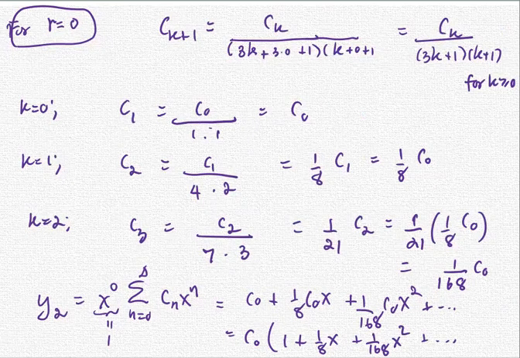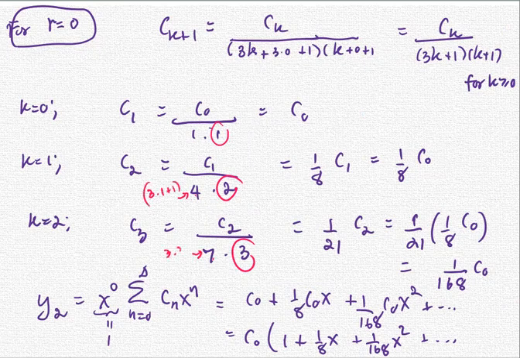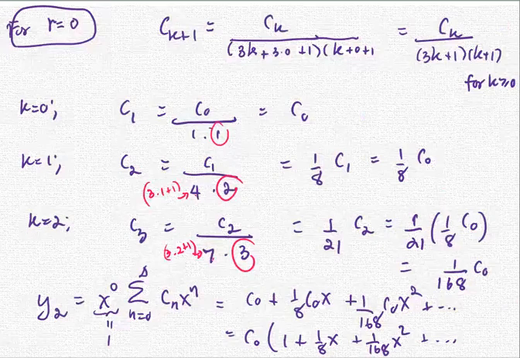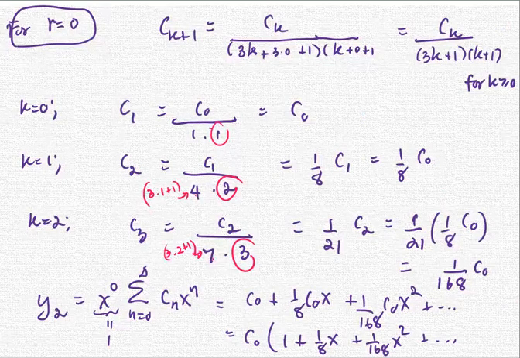And with this pattern, we can find the general solution: you see 1, 1, 2, 3, so we can see the pattern of n factorial. And 1, 4, 7: 4 is 3 times 1 plus 1, and 7 is 3 times 2 plus 1. So we're going to have the numbers 1 times 4 times 7 times 10 and so forth, as you keep adding the value 3.